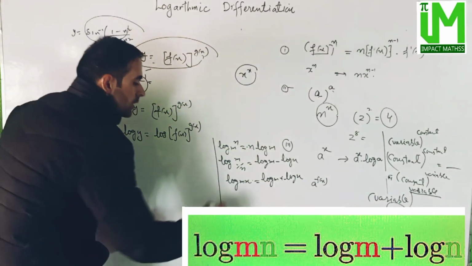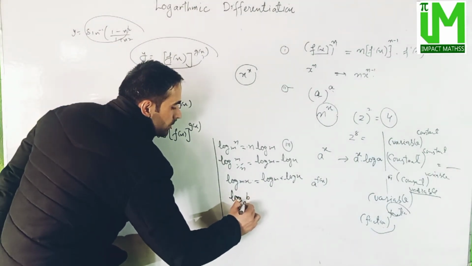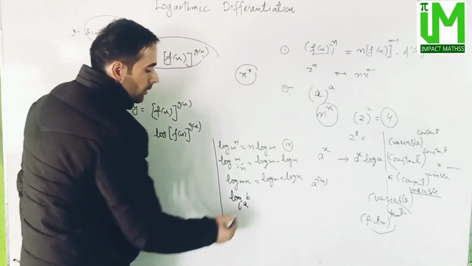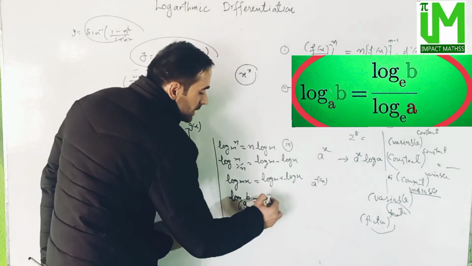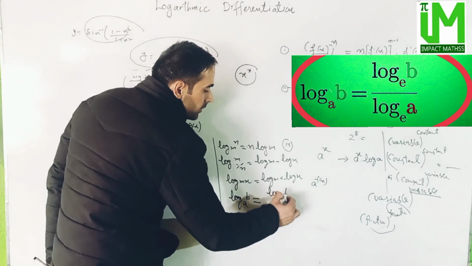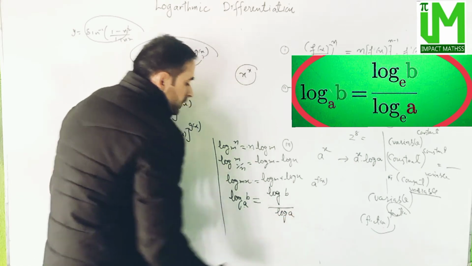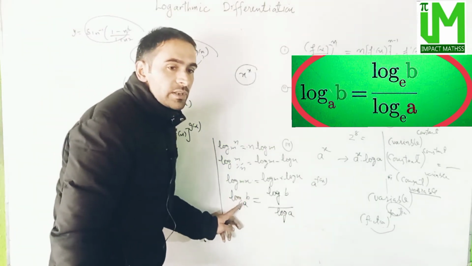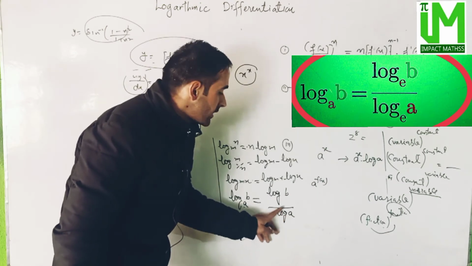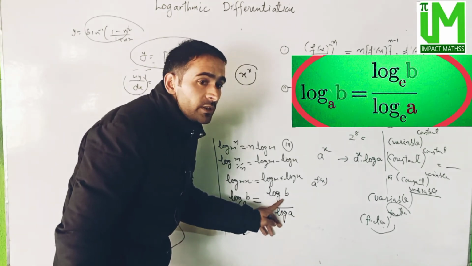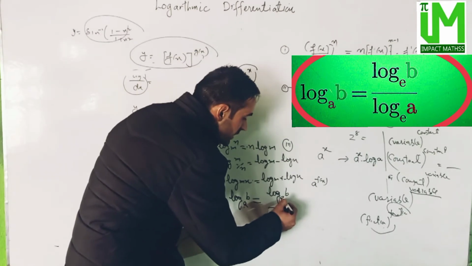Another rule is log of b to the base a. If we change the base, then we write this as log of b divided by log of a. Log of b to the base a is equal to log of b divided by log of a. Without a base mentioned, we are taking e as the base.